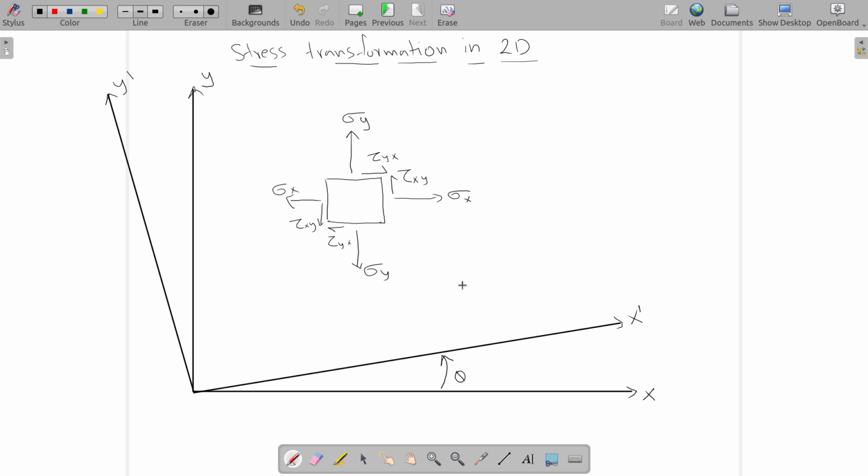How will we find out that? So for a rotated system, this will be the element. So this will be sigma y dash, we'll call that.